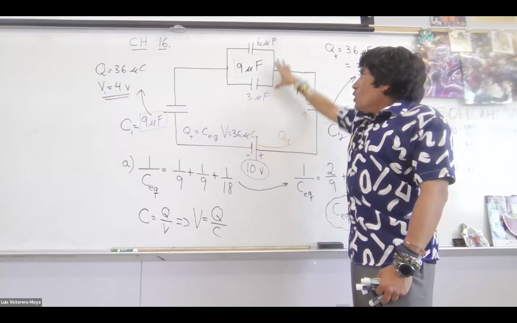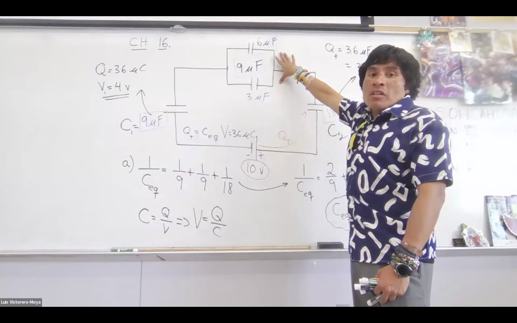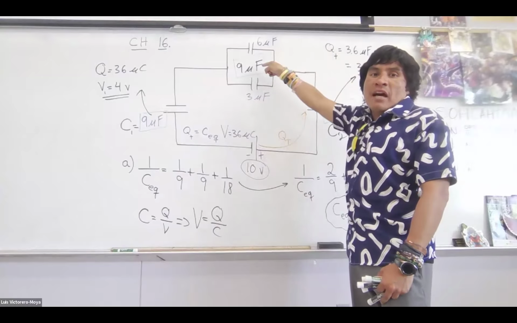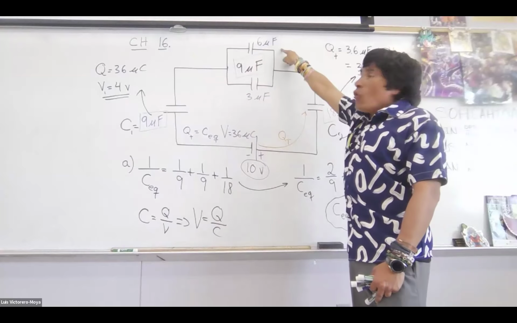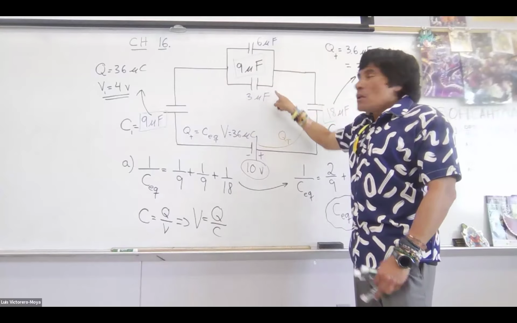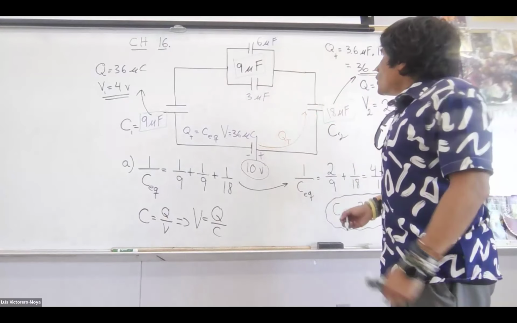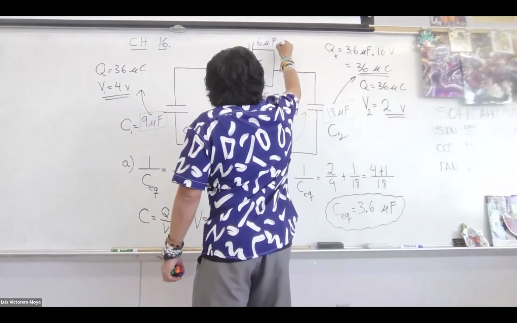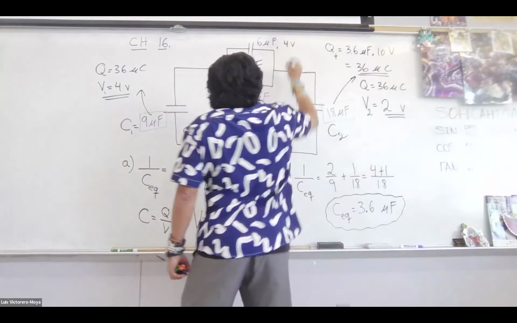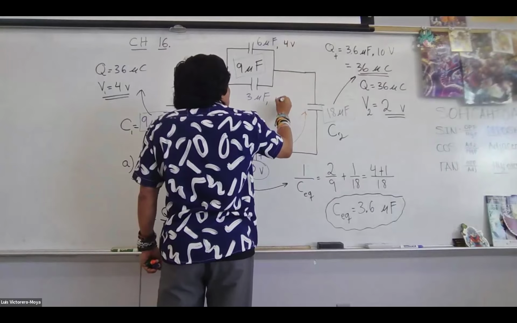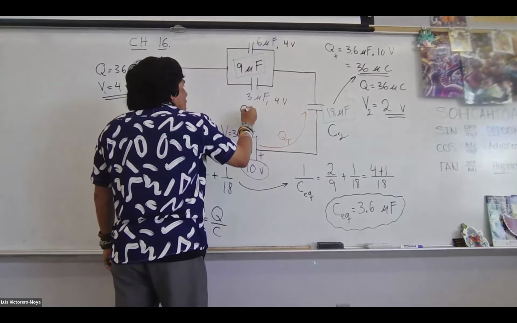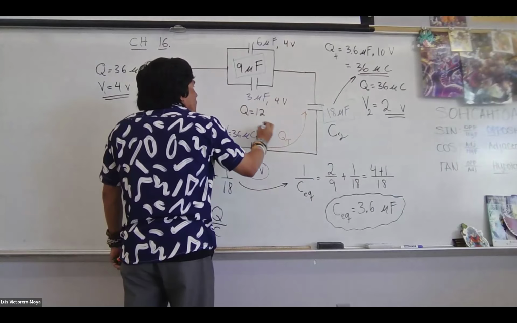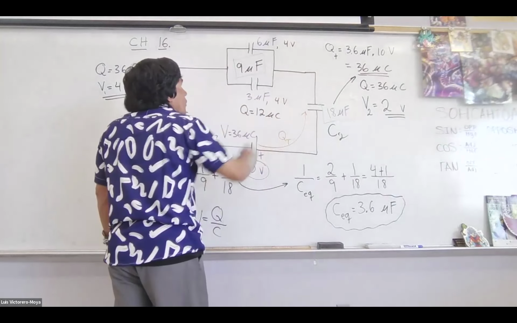So you can find the voltage. If you think about it, you can just divide 36 by 9, and that's 4 volts. 4 volts here, 4 volts here. So 6 microfarads is at 4 volts. 3 microfarads is at 4 volts. So the charge at 3 is 4 times 3, 12 microcoulombs.